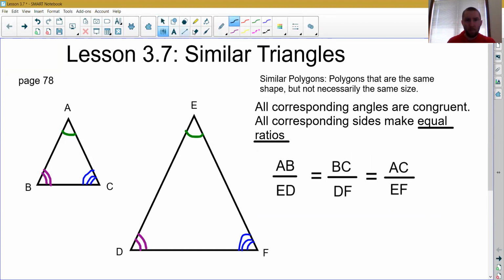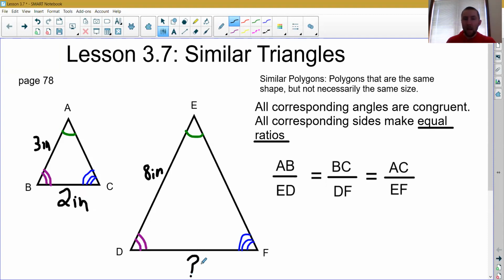So for example, let's say that I know that segment AB over here is 3 inches long, and I know that ED right here is 8 inches long. If I know that BC across the bottom is 2 inches, the question is, what is this length corresponding to that 2 inches?